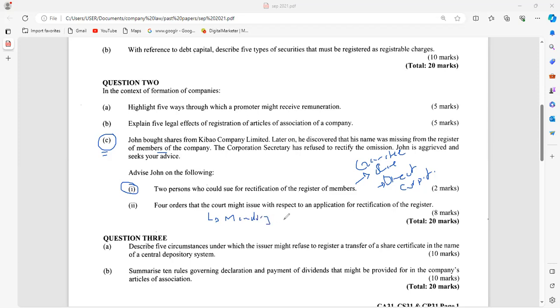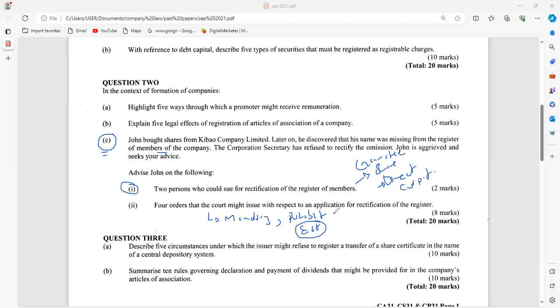The court can prohibit the company, or in this case, think of it as estoppel, can prohibit the company from holding on to your name if you want your name to be removed. So estoppel, okay? Because sometimes you don't want your name in that register of members. You're telling them to remove your name there because maybe the company has a scandal and you don't want your name to be associated with that scandal. Okay?